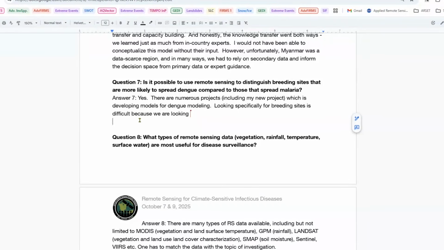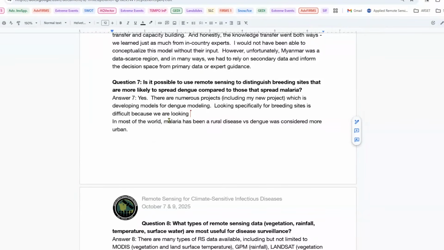Because in most of the world, except the newly emerging issue in Africa, malaria has traditionally been the rural disease, dengue is the urban disease, and we're talking about two very different species of vector that transmit them. So if you asked me about 10 years ago, I would tell you, yes, the very simple solution is you look for dengue in the cities, you look for malaria in the rural settings.